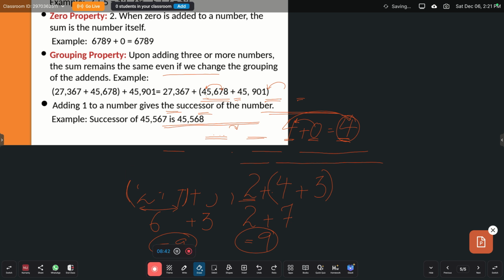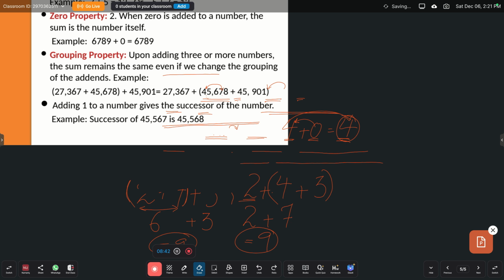Okay, now we will move to our last property of addition. Okay, beta, this property says that when we add 1 to a number, we get the successor of that number. It's as simple as it is. See beta, here what is the number?